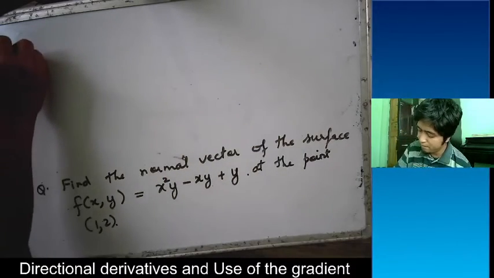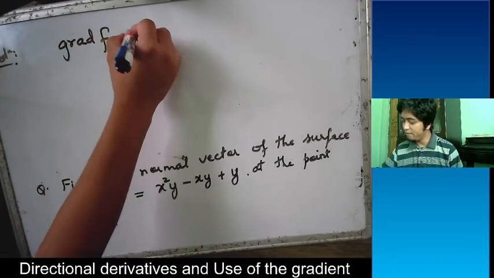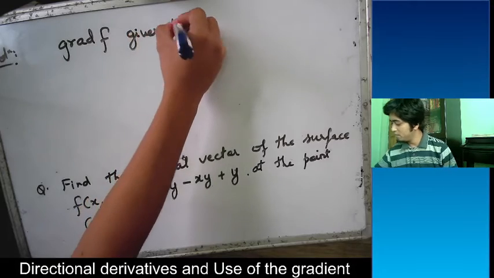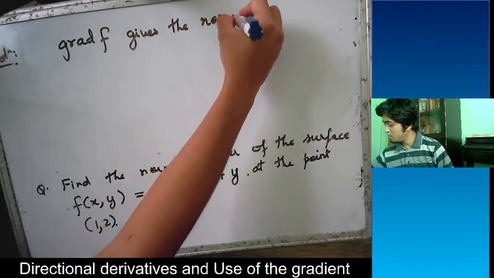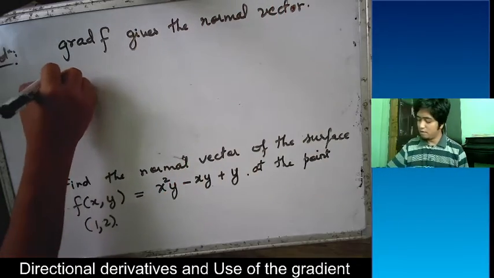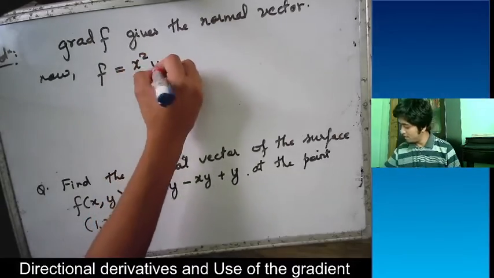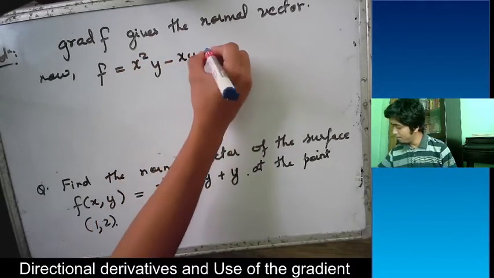Solution. We will have to write this one. Grad f gives a normal vector. Okay, so now f is equal to this one, x squared y minus xy plus y.